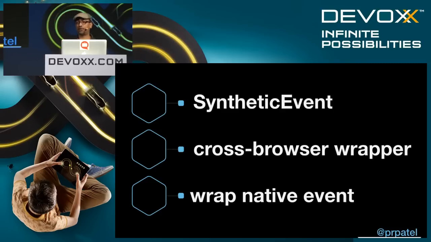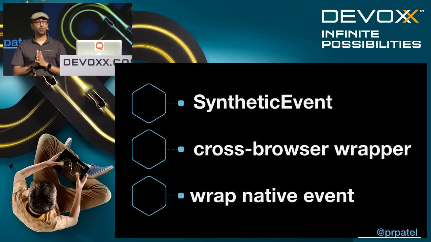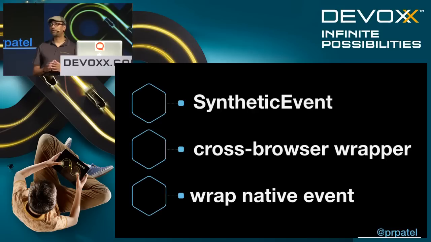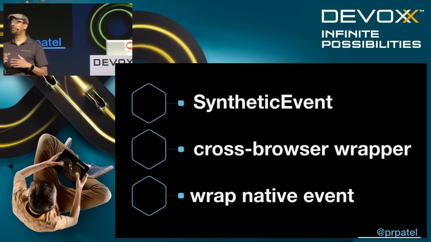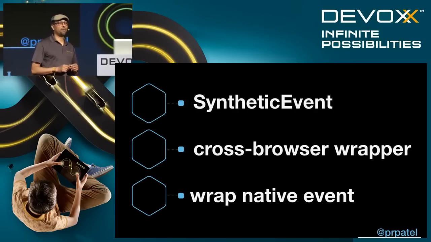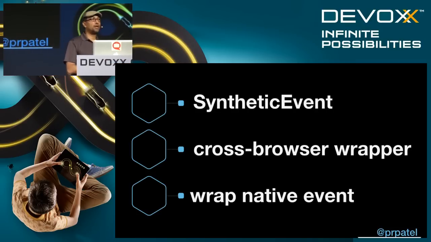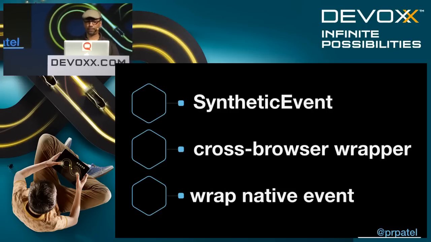There's a specific class called synthetic event, but what the React event wrappers do is basically provide a cross-browser wrapper for all the events that you have in a web browser. Essentially what they do is they wrap native events. And it's very important that when you're creating a React application, you don't use the native events, you use their wrapper events so that React can do its work.